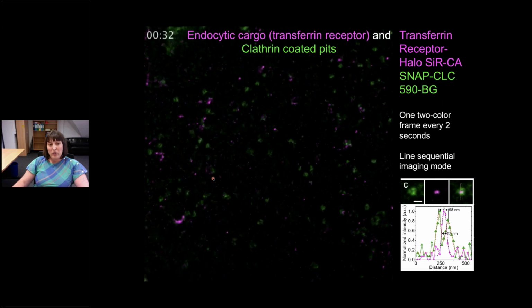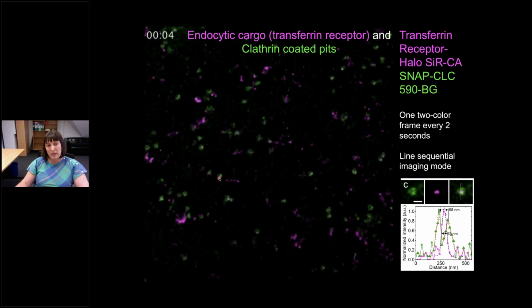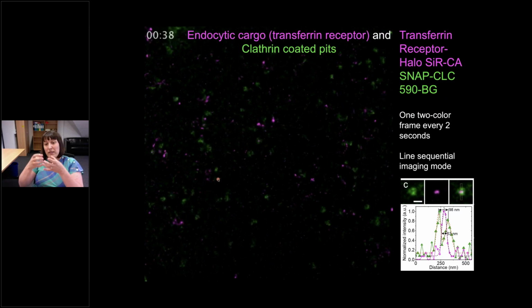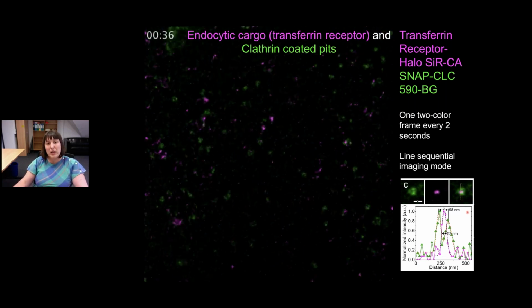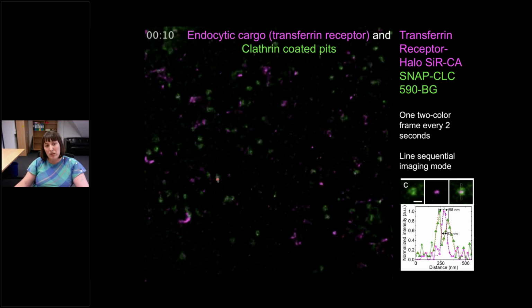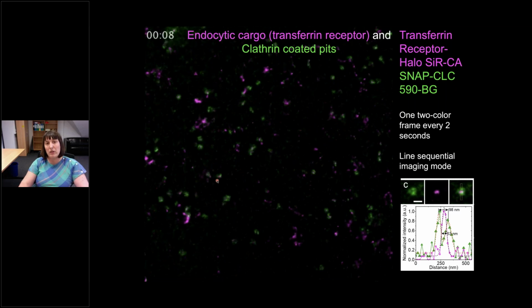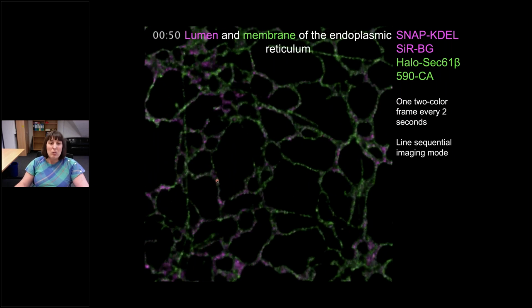We could see little donut-like structures, which are clathrin coated pits at the plasma membrane. In some cases, we could even see these clathrin coated pits filled with transferrin receptor, like shown here in this still frame, being endocytosed inside the cells, like the one that I'm pointing at with my laser pointer down here.